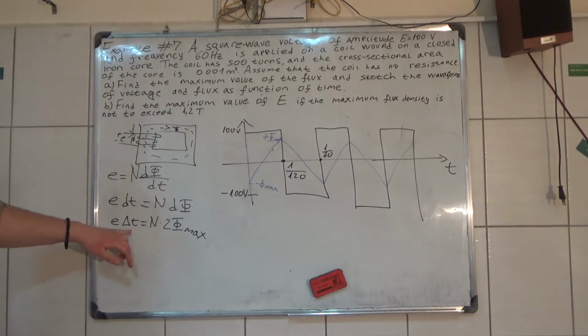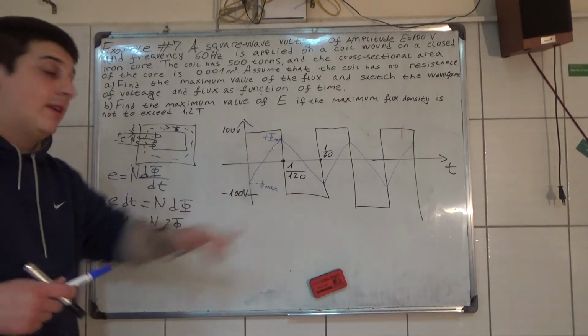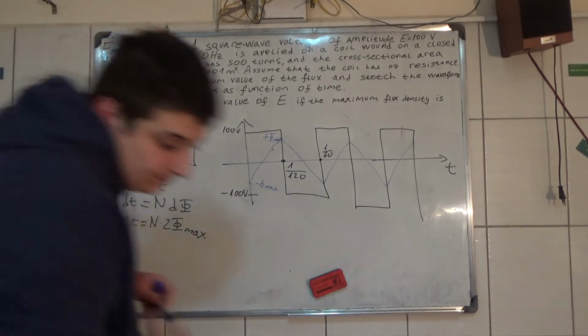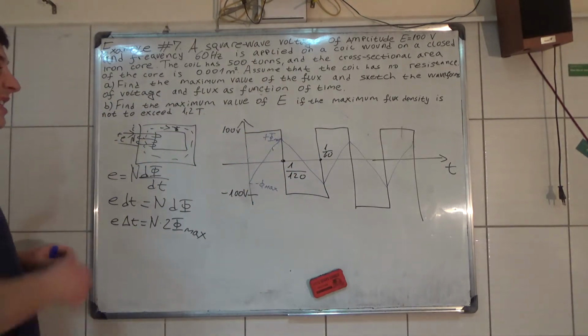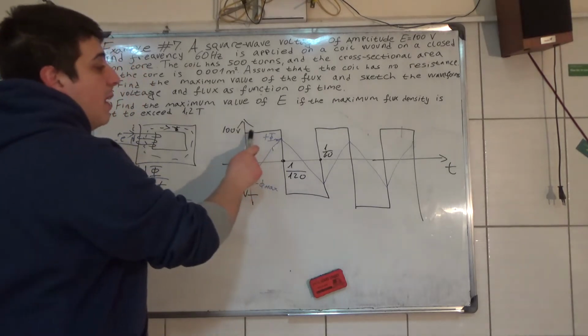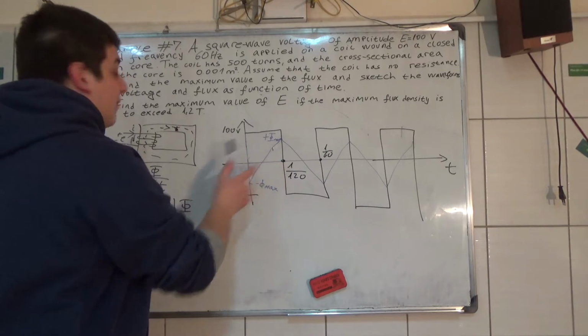Now delta t is equal to 1 divided by 120, and this E has a value of 100 volts in this half period.